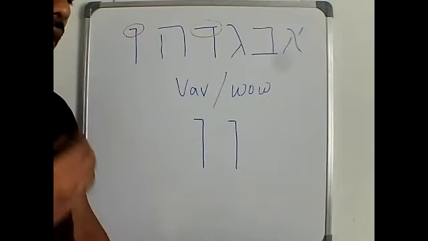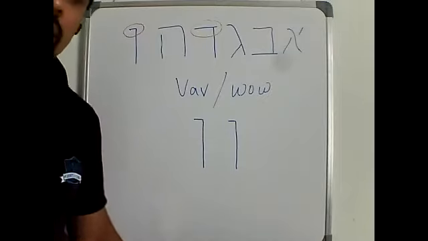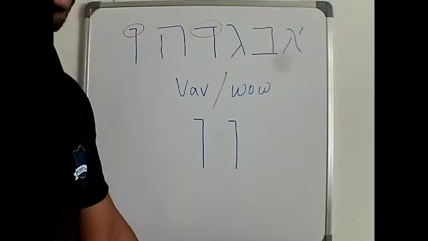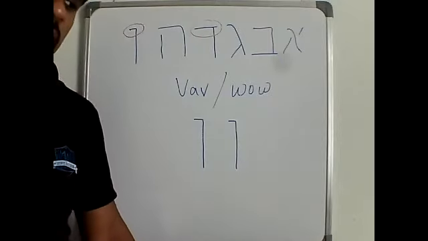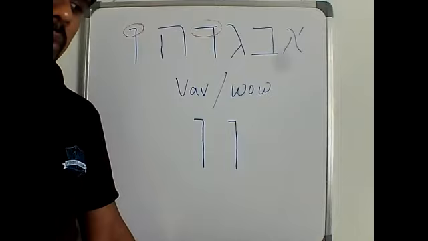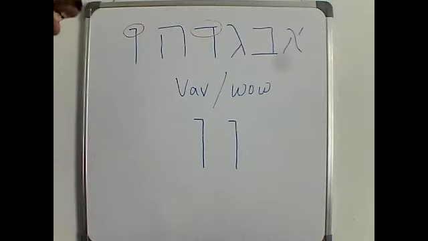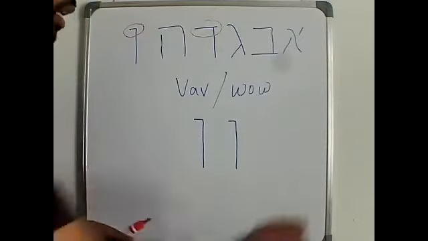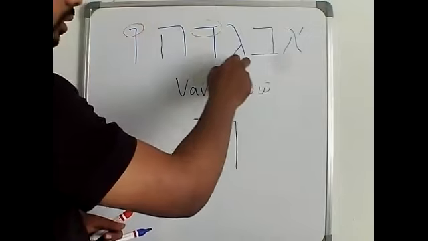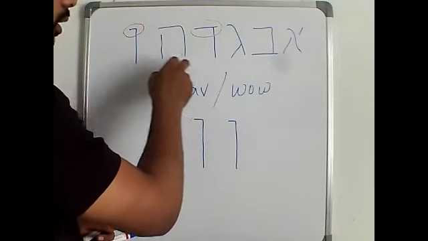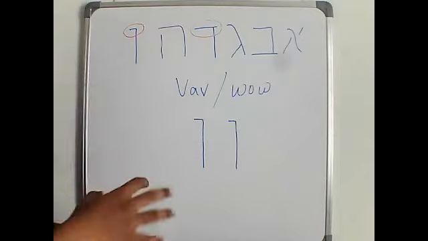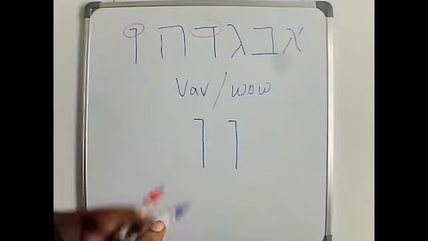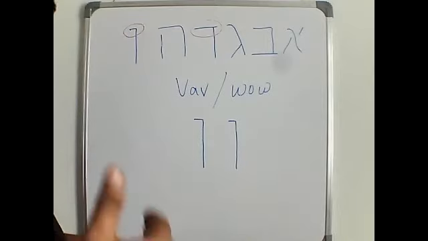You also have to say it aloud. This language can be learned only by speaking. Any language can be learned better by speaking, but especially Hebrew. So when I say the names of the letters, try to follow with me. Aleph, Beit, Gimel, Dalet, Hey, Vav. Don't worry if you are not able to follow. You can write down the letters and try to read along with me repeatedly.